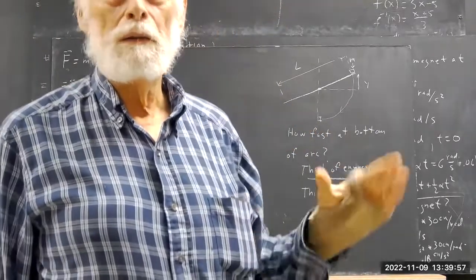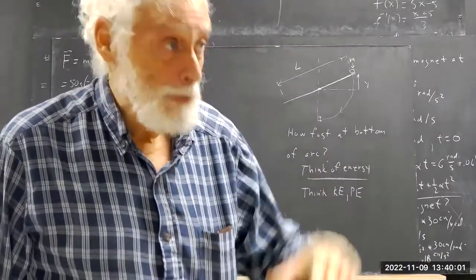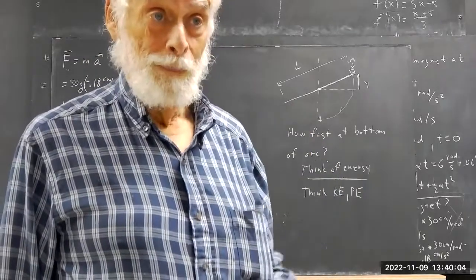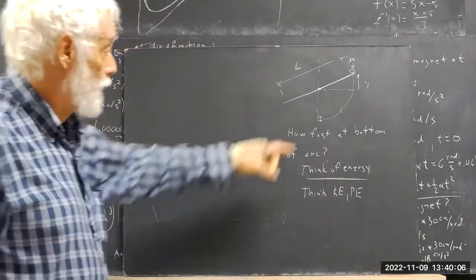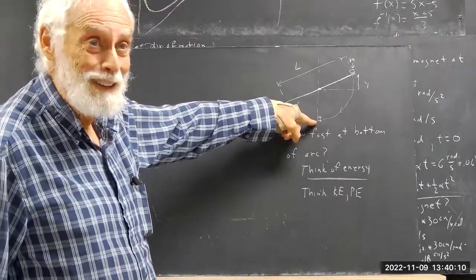And that depends a little bit on where you put your zero potential energy. You have that choice, so you want to specify this. Yes, if the zero of potential energy is here, then it's all kinetic. It has to be because the potential is zero.